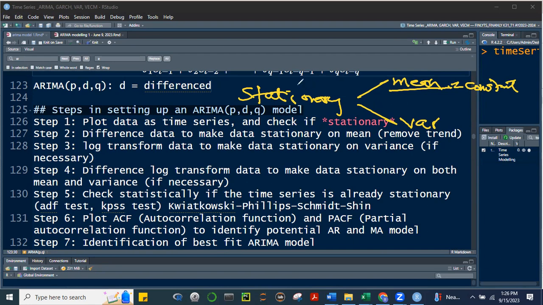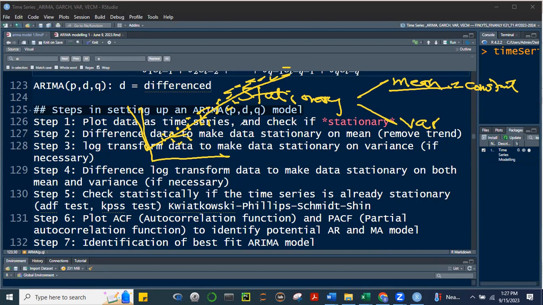It means that there should be no trend. What do I mean by that? Suppose this is your time series and this is your data. You can see here that your data follows a specific trend.